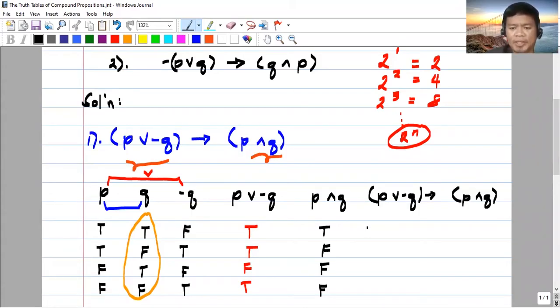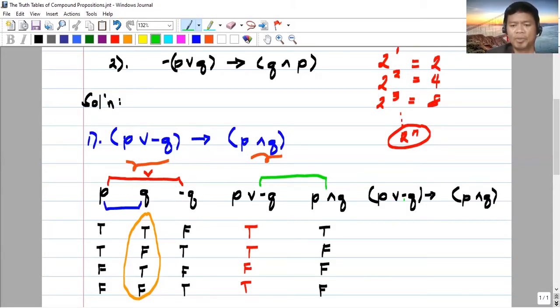And the other one is the final compound proposition, which is P or not Q implies P and Q. So that is the combination of the first here and the second proposition. So they are combined through implication, that is conditional, the if and then.